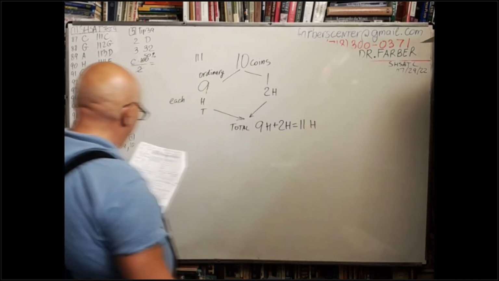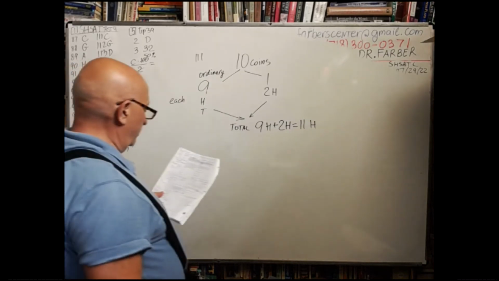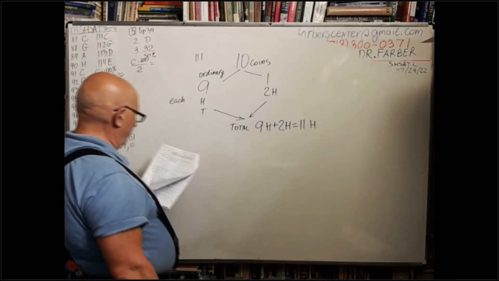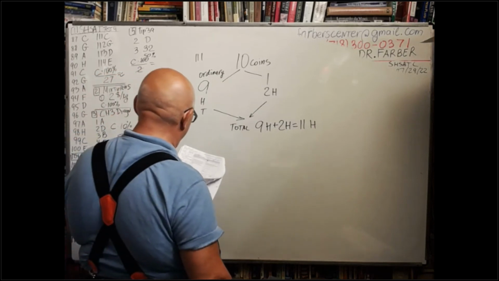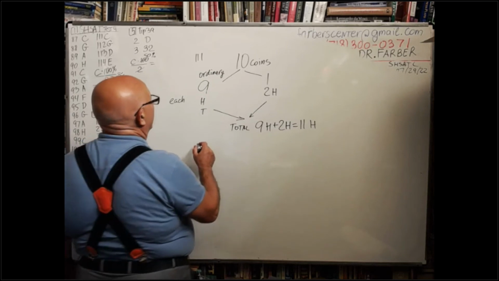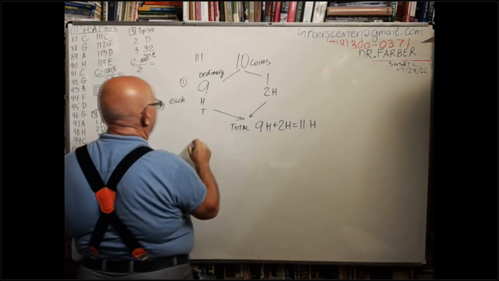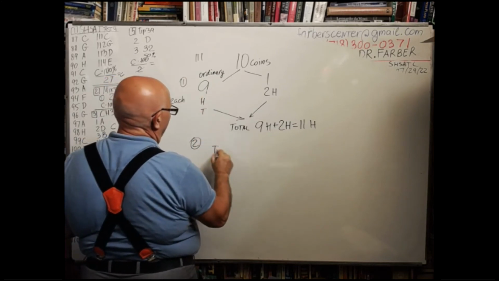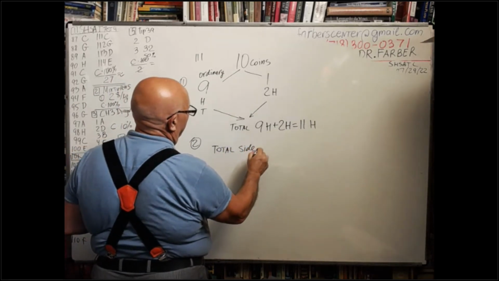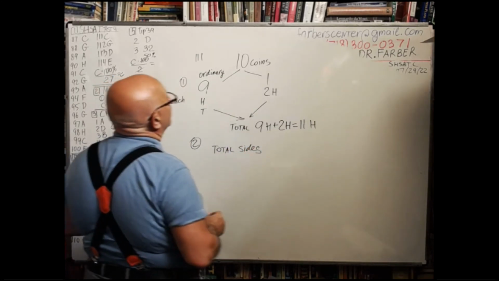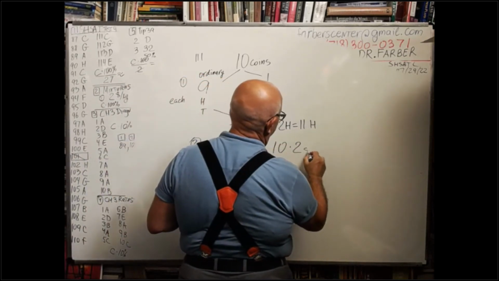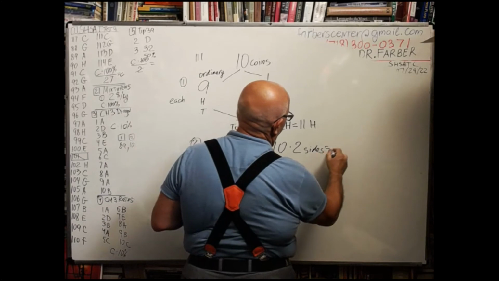You randomly pick 1 coin from this pocket. What is the probability the coin will land on heads? How many total sides? Step number 2. Total sides. Since we have 10 coins, each coin has 2 sides, we have 20 sides.